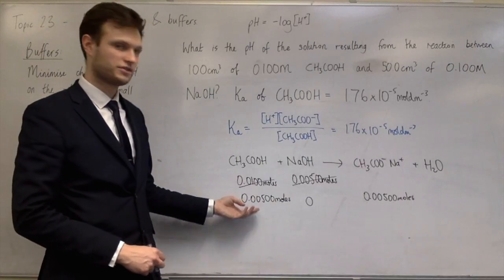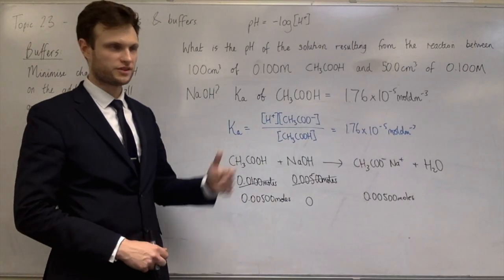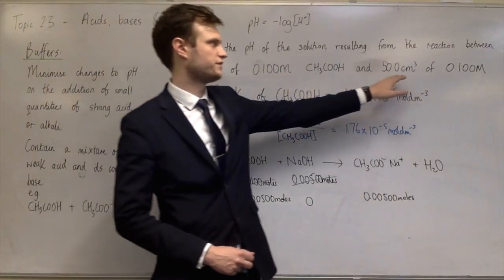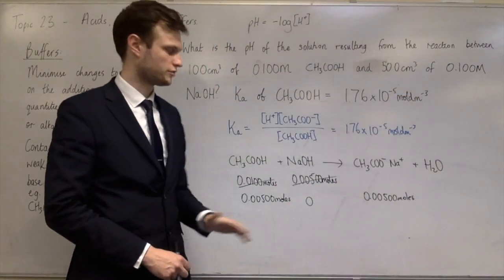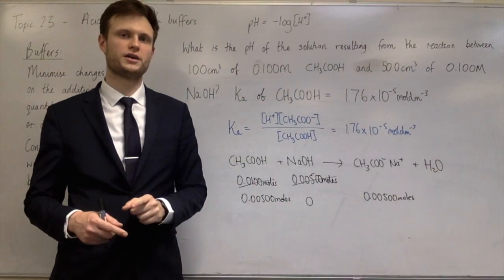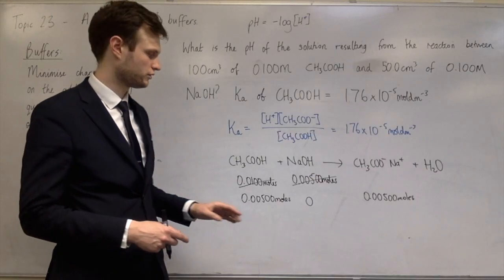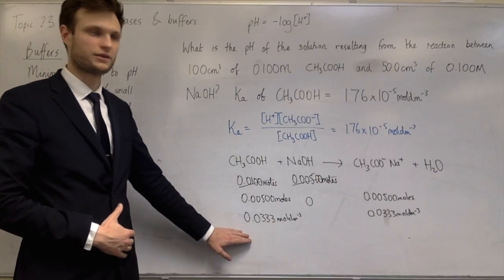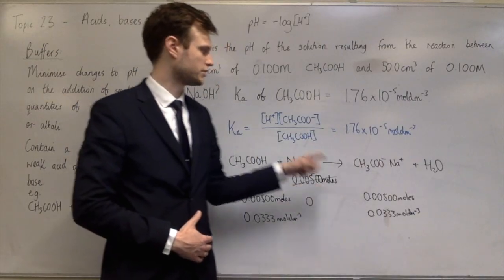But these are amounts, and we need concentrations. The volume of the solution is going to be 150 centimetres cubed. So we divide these by 0.15 decimetres cubed to work out the concentrations, and then we put these values for concentration into this equation.